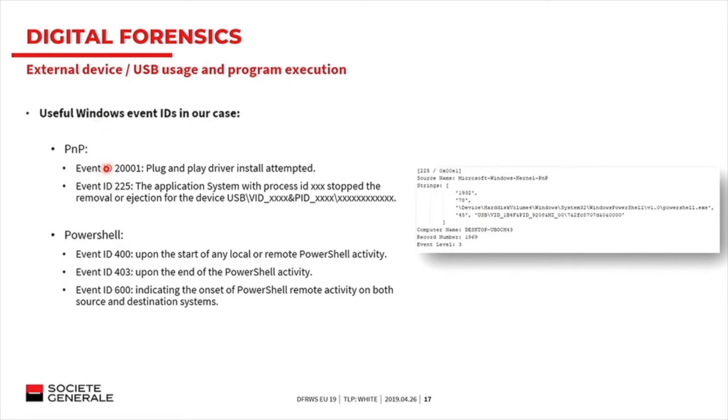The first one is event ID 225, which means that your USB device cannot be removed because it's currently used by the listed process, in our case PowerShell, and it makes a link to the specific device that cannot be removed. And in our case, remember, slide just above, the suspicious VID PID. So you definitely want to review if any event ID related to PowerShell is present.